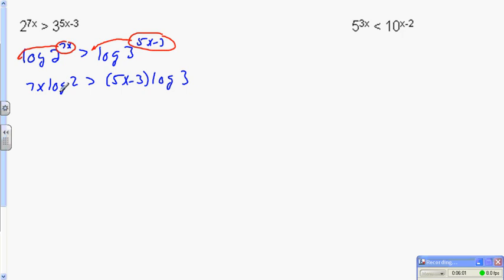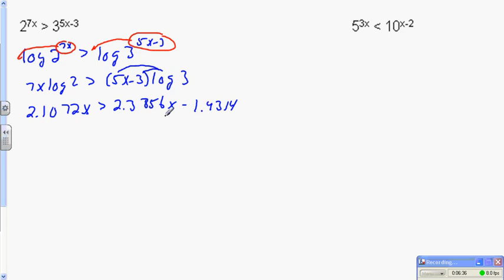So if we take log of 2 times 7, we would get 2.1072x. I would basically take log 2 times 7 greater than, and if we calculate log 3 and distribute it, we would get 2.3856x minus 1.4314.